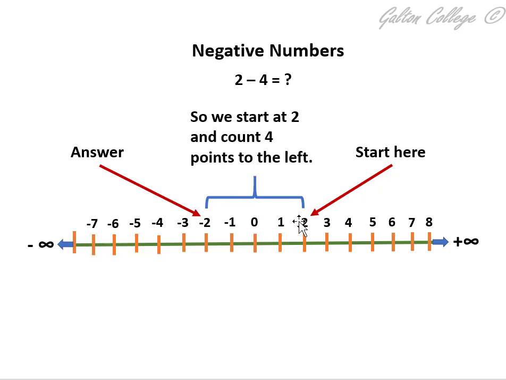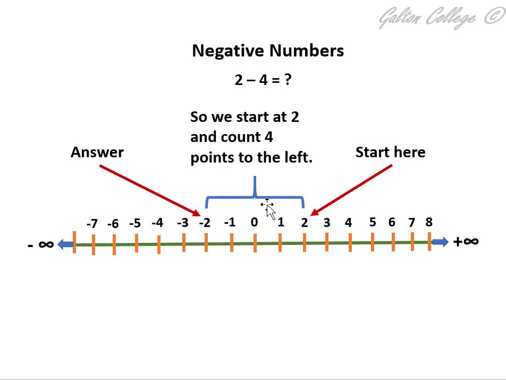A bit like if I have 2 and I borrow 4, so go 1, 2, 3, 4. Now actually I owe 2 because I started with 2 and I've borrowed 4. So really I've just got minus 2.